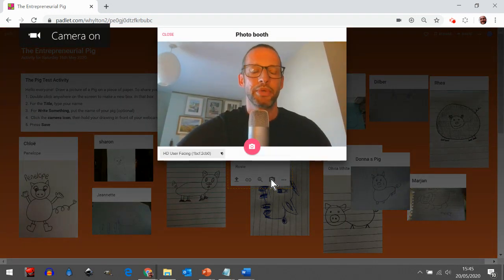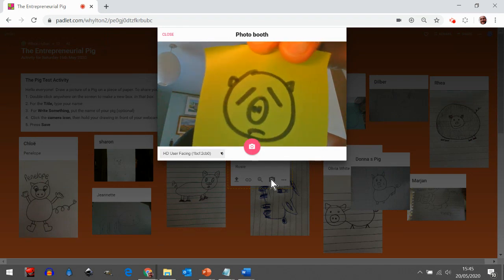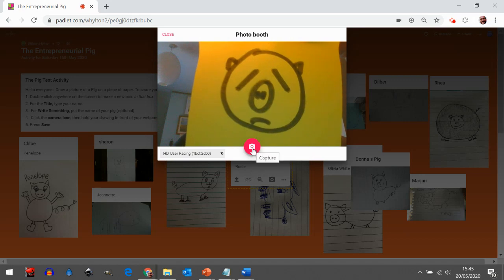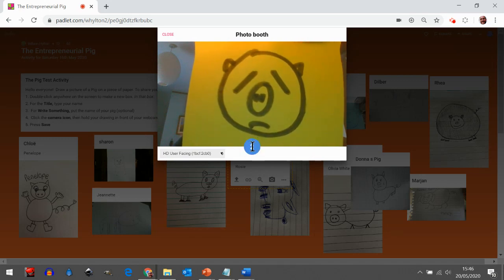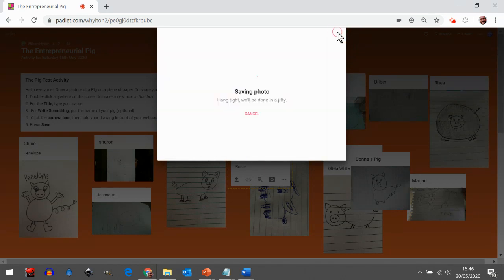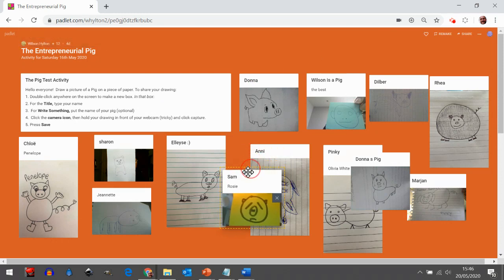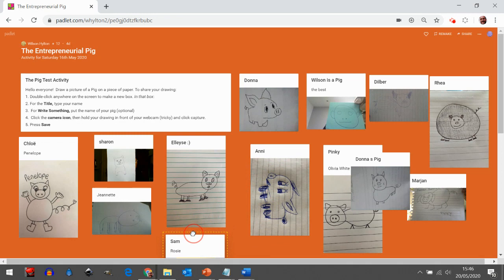Camera opened up. They'd already drawn a fantastic picture of a pig. Then they took a screenshot or a webcam shot, saved it, and there it was. Okay, so I'm not a real student, so I'll drag that down there.